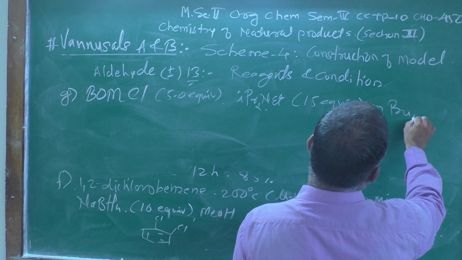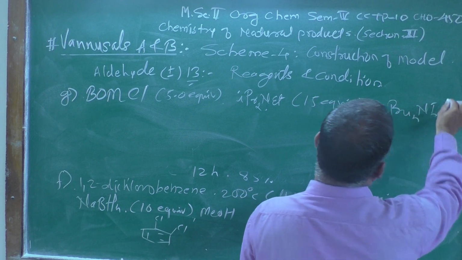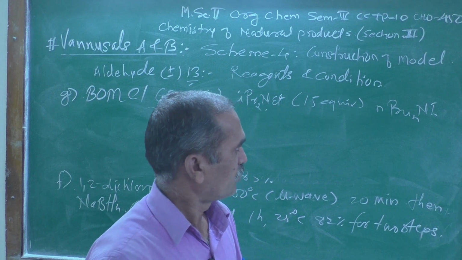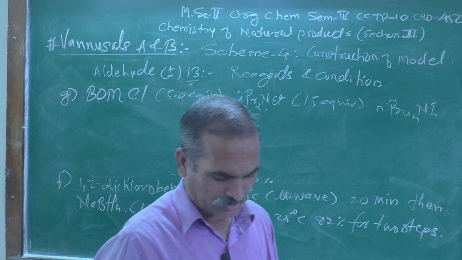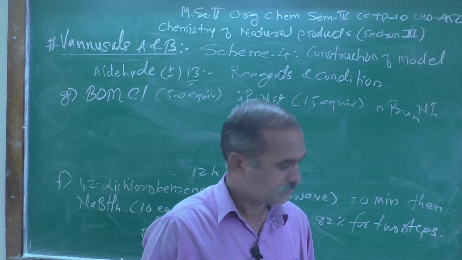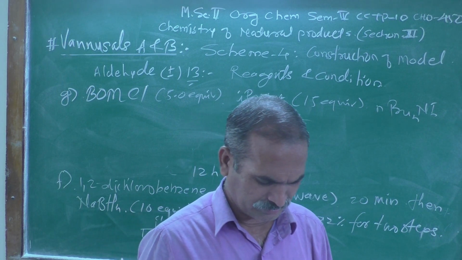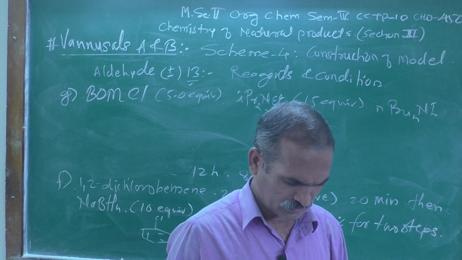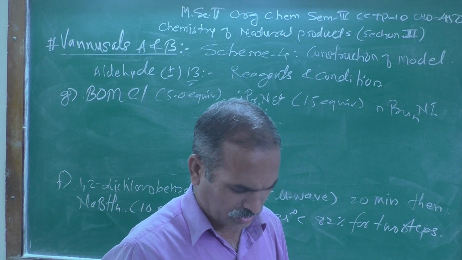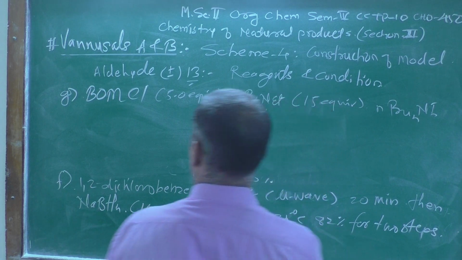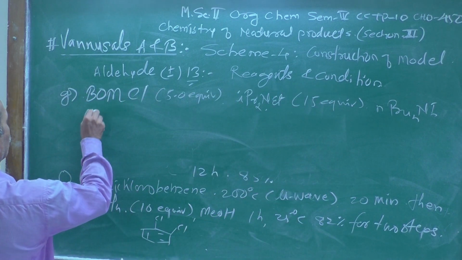then nBu4NI, that is normal tetrabutylammonium iodide, which is taken 1.0 equivalent.